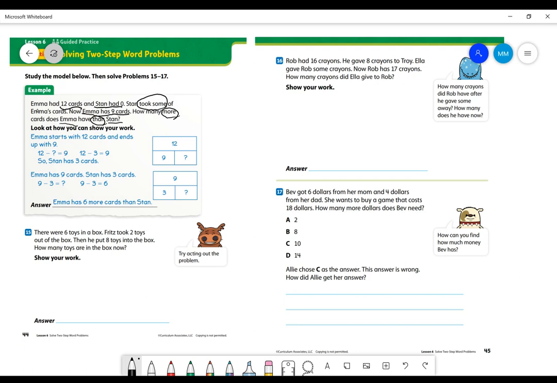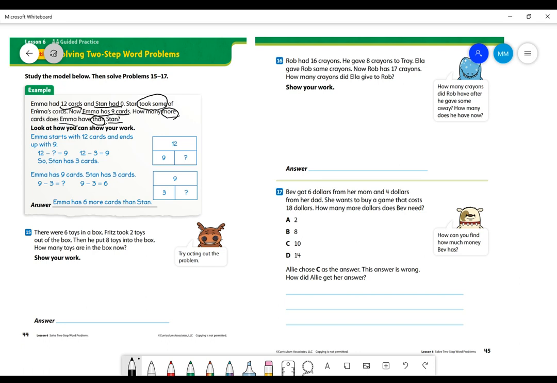So 12 minus the part that Stan took, there were 9 left. So Stan took 3 cards. 9 and 3 together make 12. But there's a second part. So part 1 was to figure out how many Stan took. Stan took 3 cards, but we're not done. We need to know how many more Emma has than Stan.